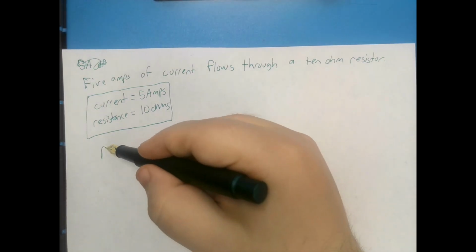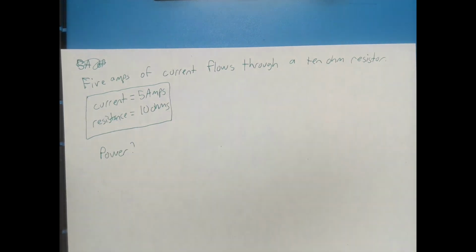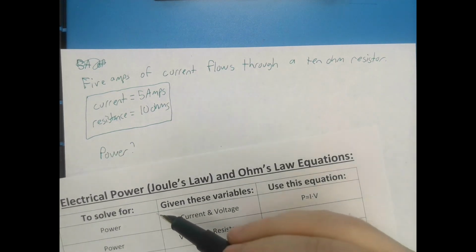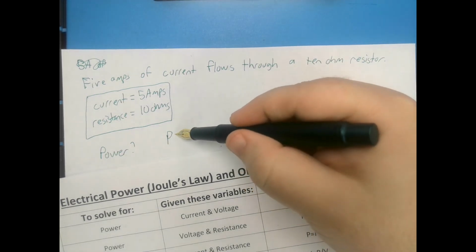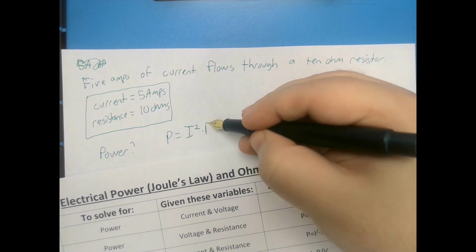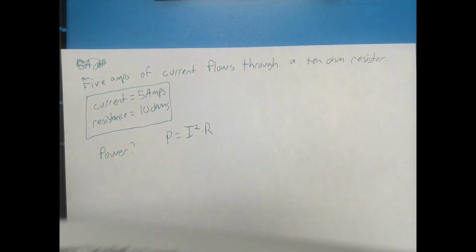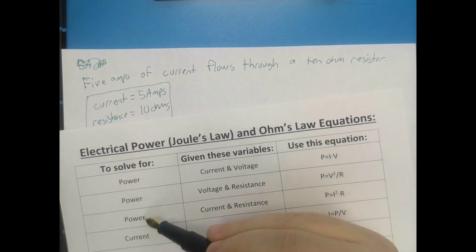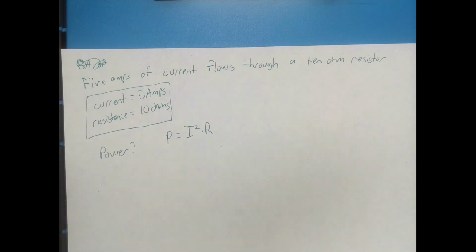So again, we do the same thing. What is the power? So power, given current and resistance, is equal to current squared times resistance. We're trying to solve for power, given current and resistance, so we use this equation.